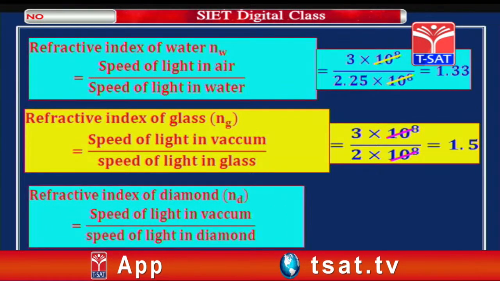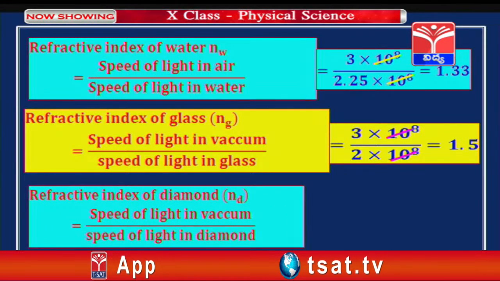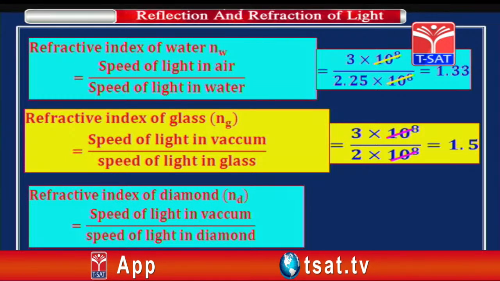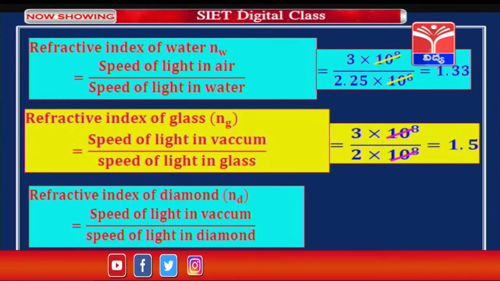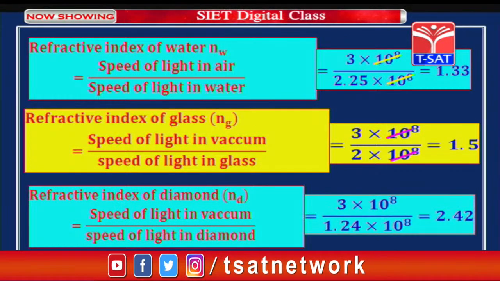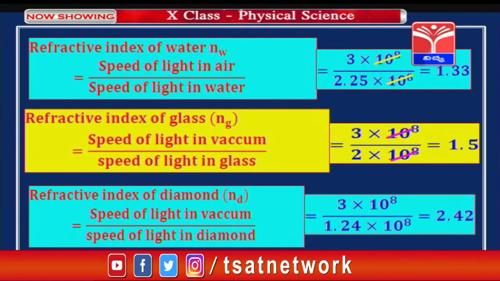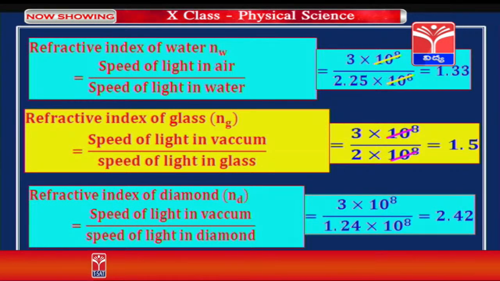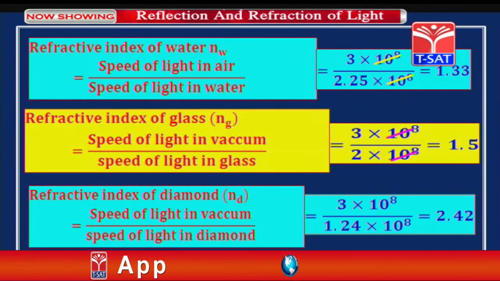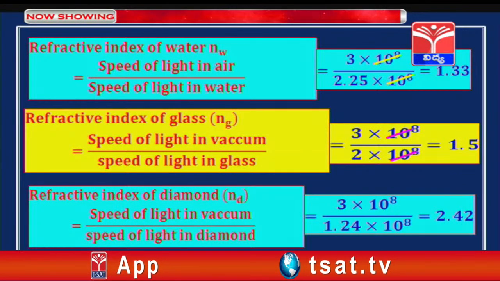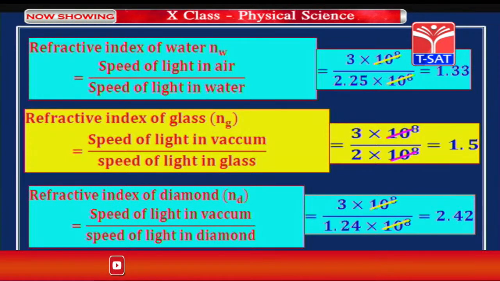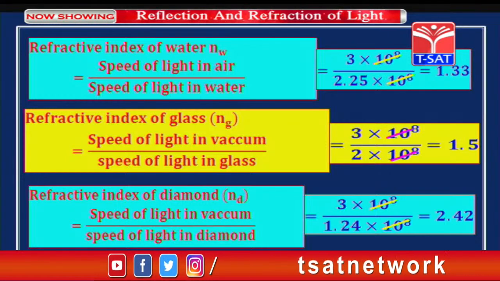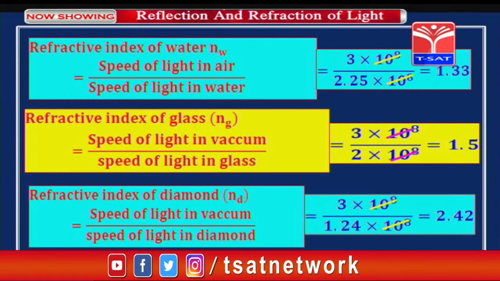Refractive index of diamond, represented by eta D, is equal to the speed of light in vacuum divided by the speed of light in diamond. Speed of light in vacuum is 3 × 10^8. Speed of light in diamond is 1.24 × 10^8. Here 10^8 gets cancelled. 3 by 1.24 is equal to 2.42.